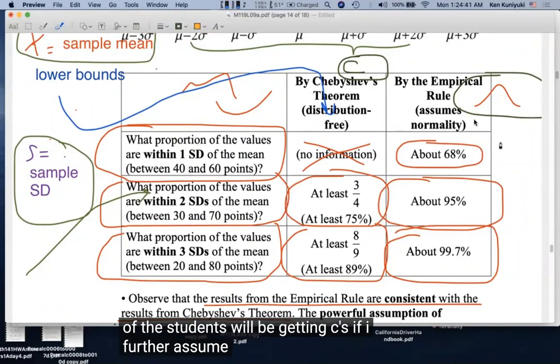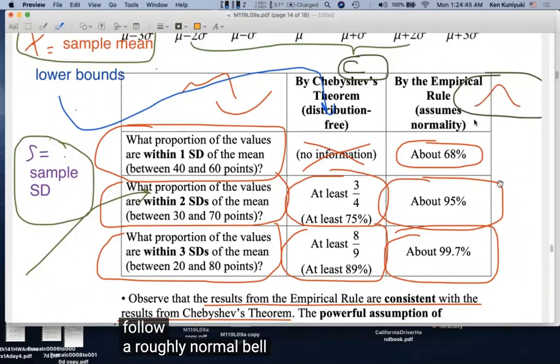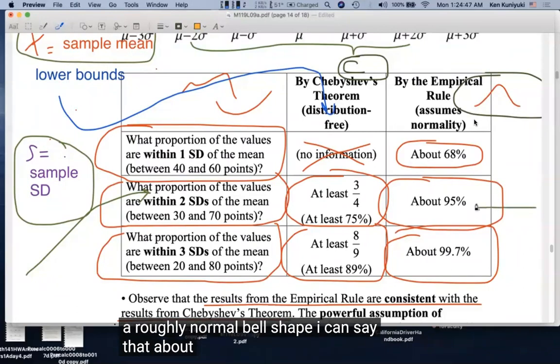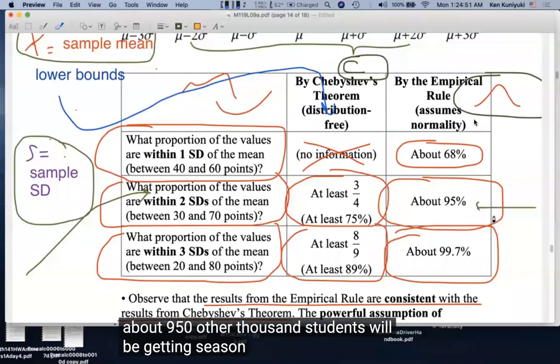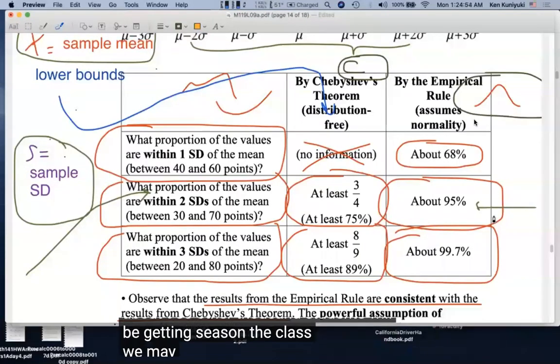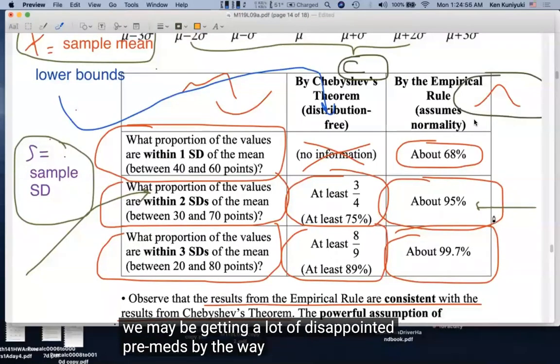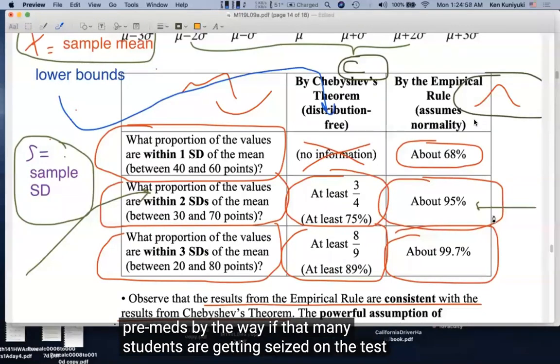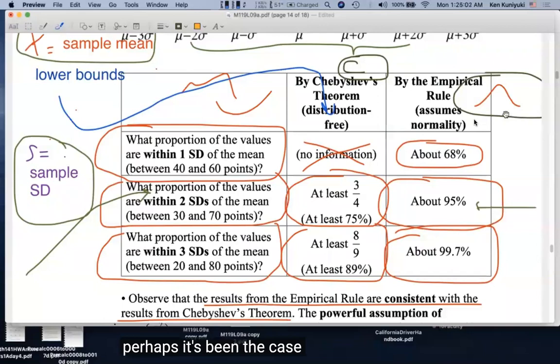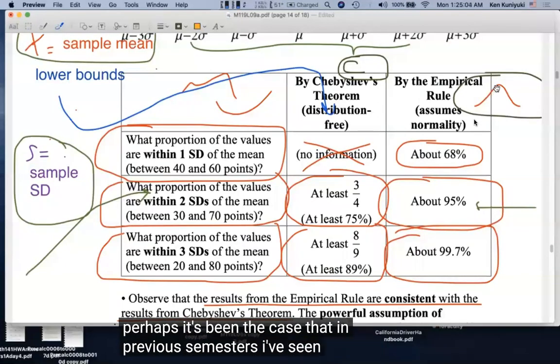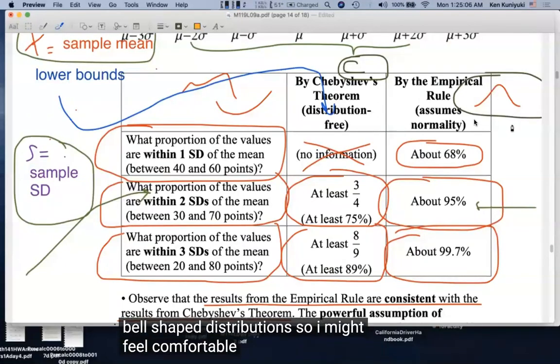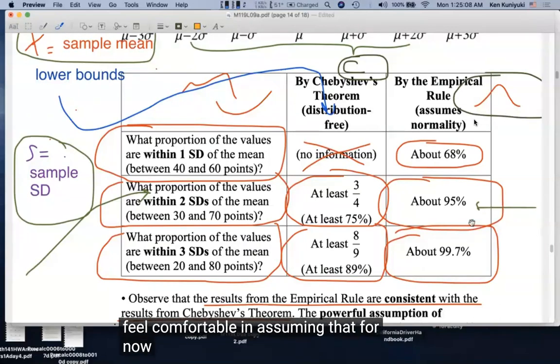If I further assume that the test scores will follow a roughly normal bell shape, I can say that about 95%, about 950 of the 1,000 students will be getting Cs in the class. We may be getting a lot of disappointed pre-meds, by the way, if that many students are getting Cs on the test. Perhaps in previous semesters I've seen bell-shaped distributions, so I might feel comfortable assuming that for now.